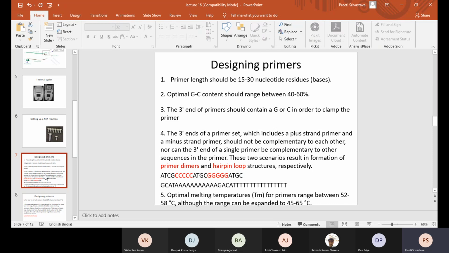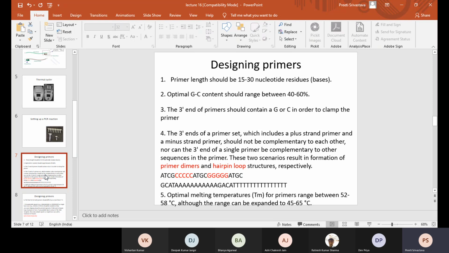The moment you cross 50, as I told you in the last class, primers are synthesized by a chemical synthesis process, so the yield, the amount of primer that will be delivered to you, is going to drastically decrease, and the cost will also increase, because the primer has to be purified by PAGE, which is a labor intensive process.